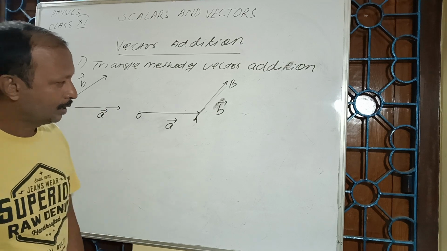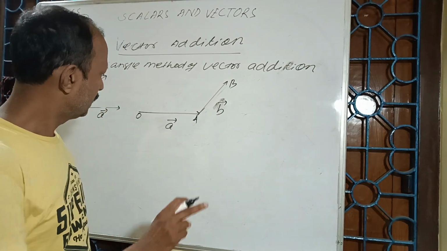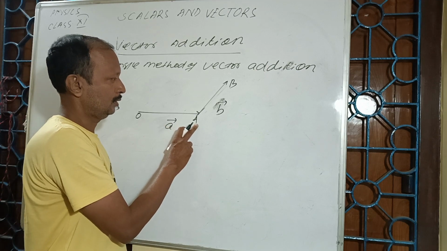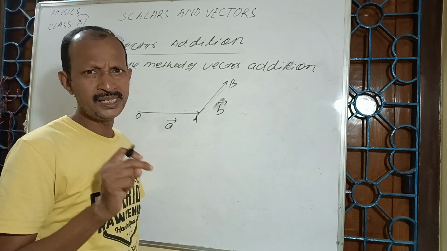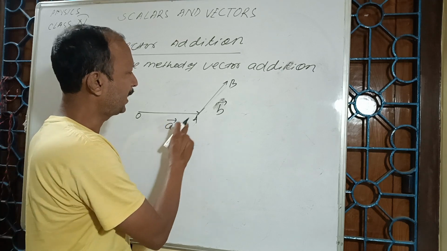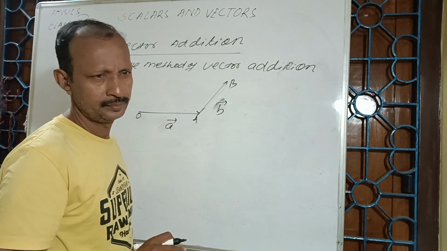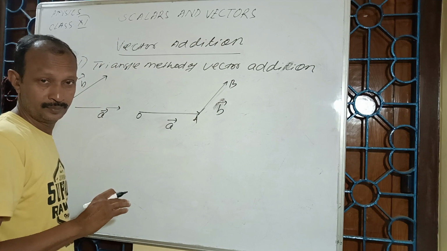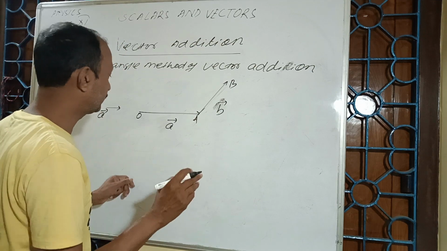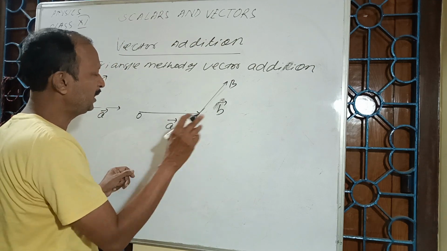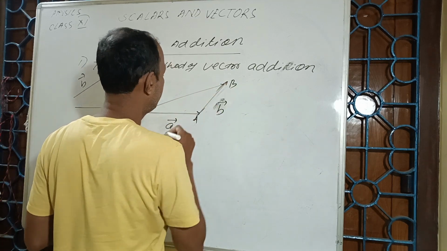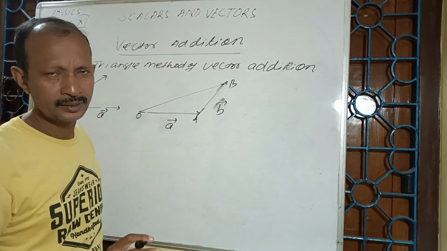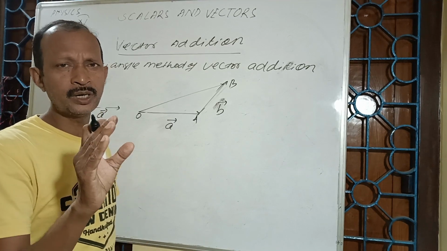Now, these two vectors are arranged in such a manner that they represent two sides of a triangle. Then the resultant vector will be the third side, but in opposite order.